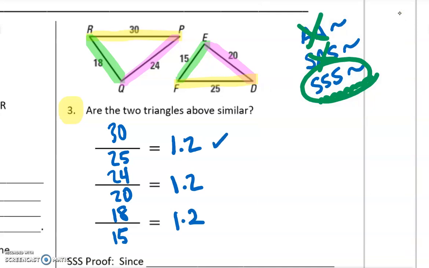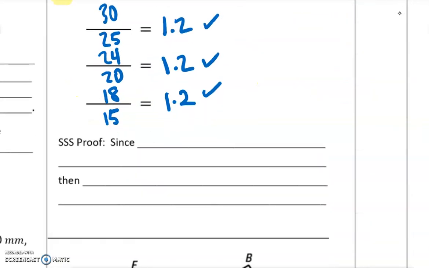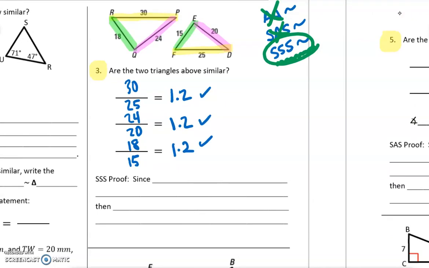So now that I've checked them all, we can see that they are all proportional to one another, and therefore we can say, yes, these triangles are similar because of side, side, side similarity. So that's what your proof is saying.